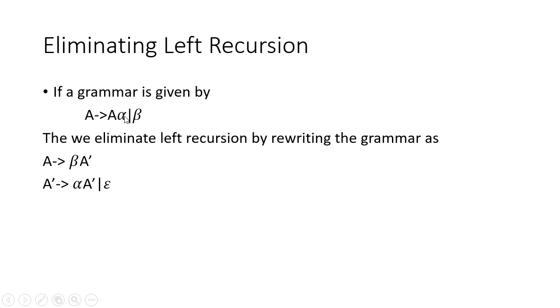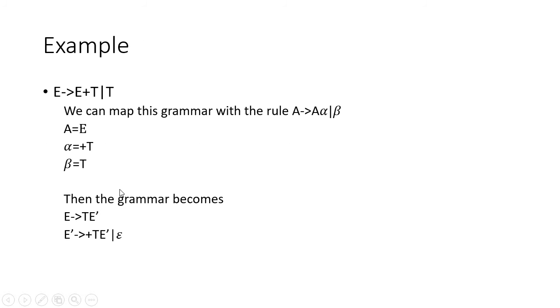That means you take this beta first and make a new symbol A dash, and that A dash will derive alpha A dash, or epsilon. If we change it this way, then left recursion no longer exists.